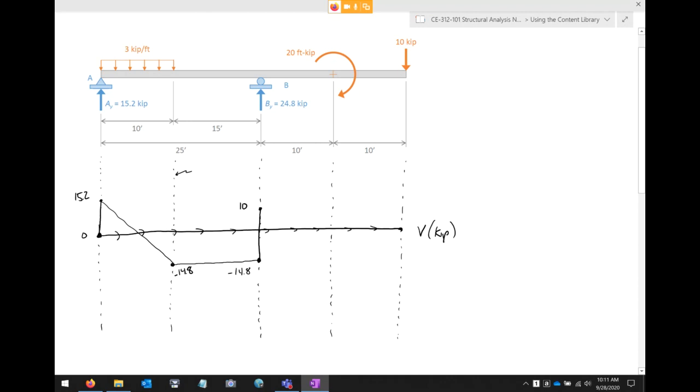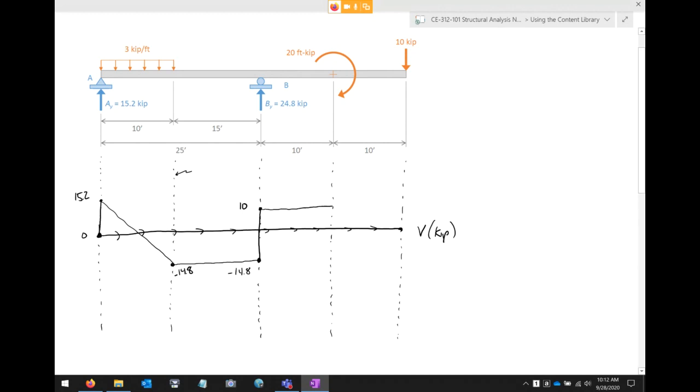Okay. Now, we're going to reach the same conclusion from B to this concentrated moment. It's going to be flat. Now, what do I do here? Nothing. Nothing at the moment. I like that. Exactly right. We are doing nothing.